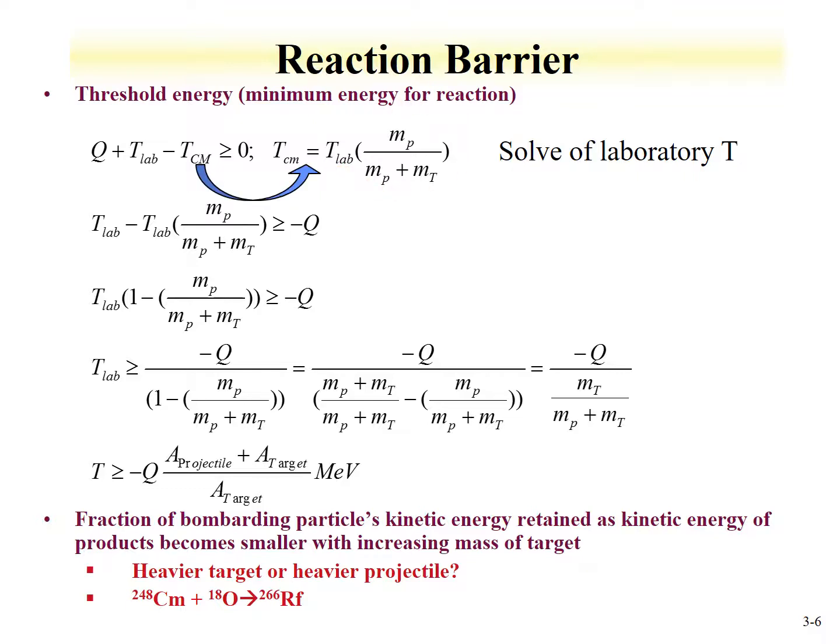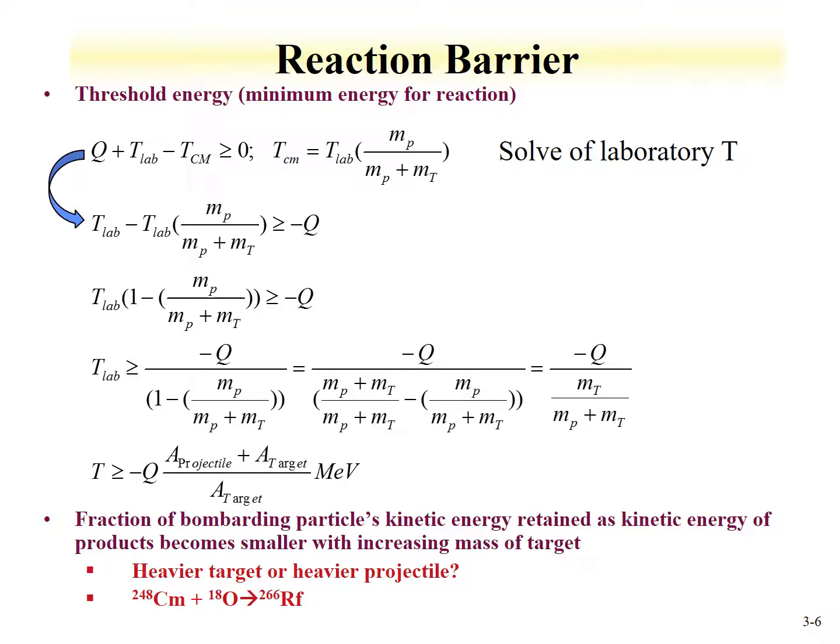So we substitute the kinetic energy of the center of mass for the laboratory kinetic energy times the ratio of the mass of the particle divided by the sum of the particle and target. We come up with the rearranged equation, which is listed here.